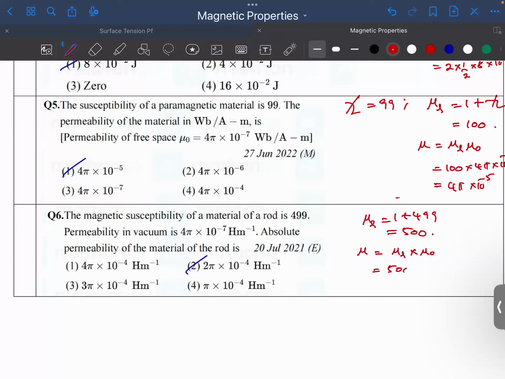So 500 into 4 pi into 10 power minus 7. This is 2 pi into 10 power minus 4 Henry per meter. Any doubts, boys?